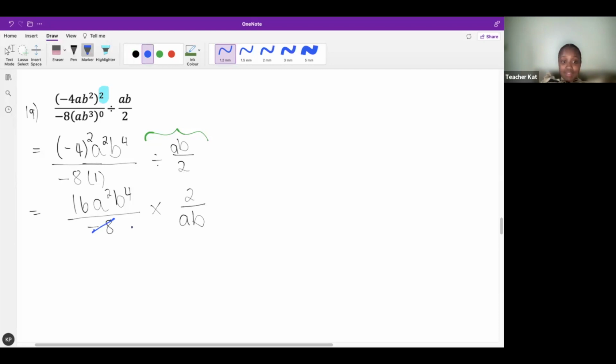So -8 goes into itself once and into 16 -2 times. Okay, so then I'm left with -2a squared b to the power of 4 times 2 over ab.